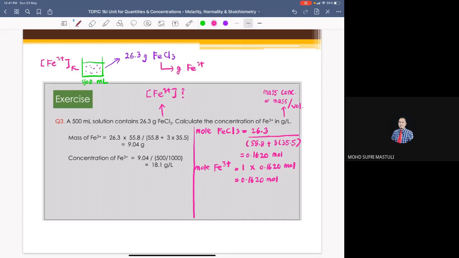So we can calculate the mass of Fe3+. Mass is mole times the molar mass of Fe, 55.8.